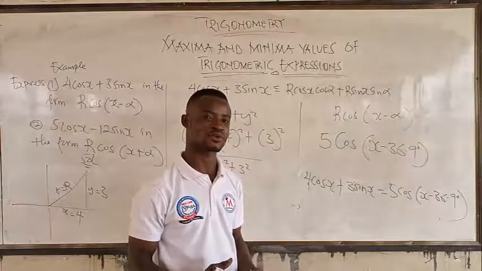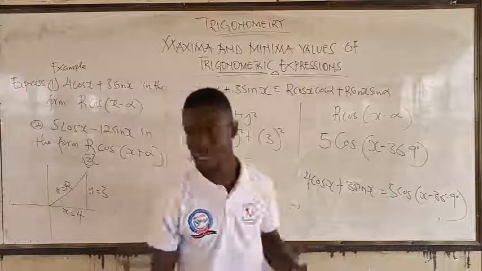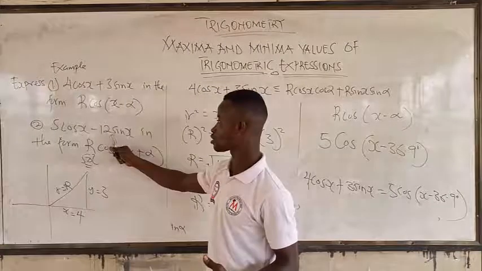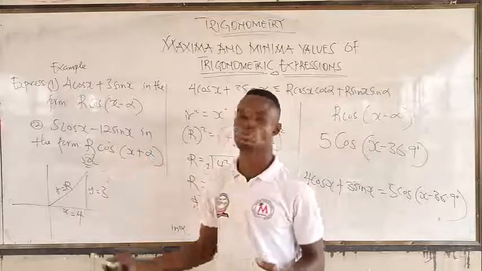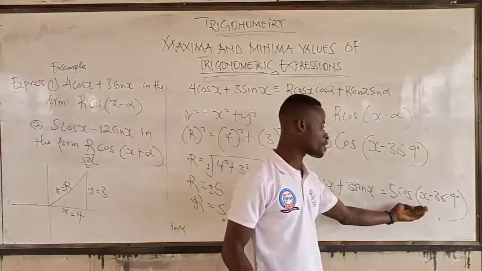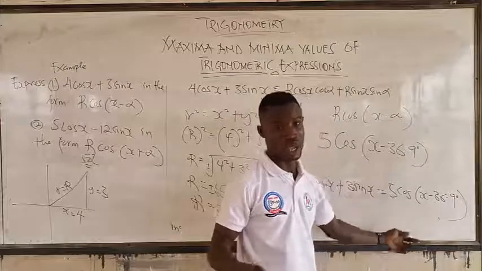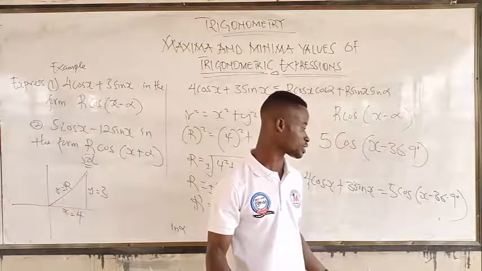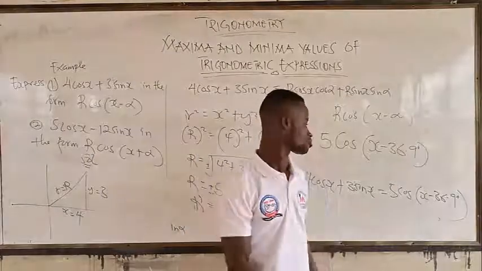When we get to solving trigonometric equations, sometimes you can be given this question for you to solve, and this you cannot solve without expressing it in this form. When you express it in this form, then you can solve. I'll try to do similar with you when we are doing solving trigonometric equations.